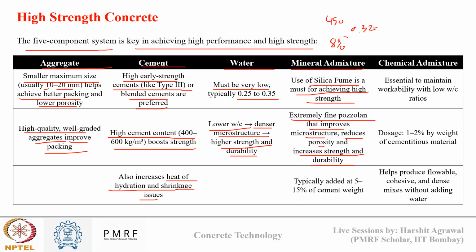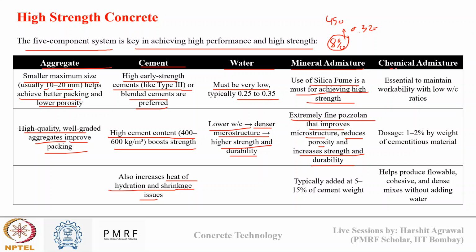This 8% addition of silica fume becomes very important because it helps us to limit the OPC content, and it helps us to achieve a high strength also, because if we use a very high cement content, then shrinkage issues will also come. So by reducing the cement content and adding silica fume, we can negate these issues of heat of hydration and shrinkage.